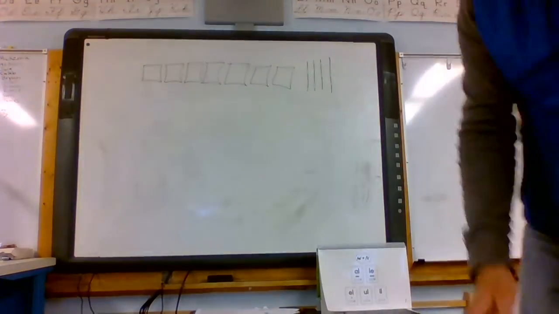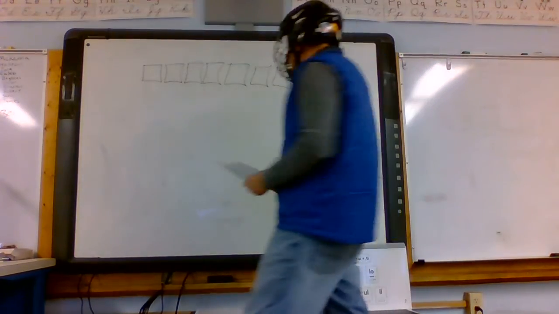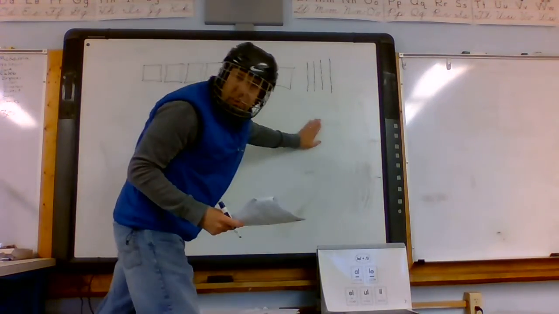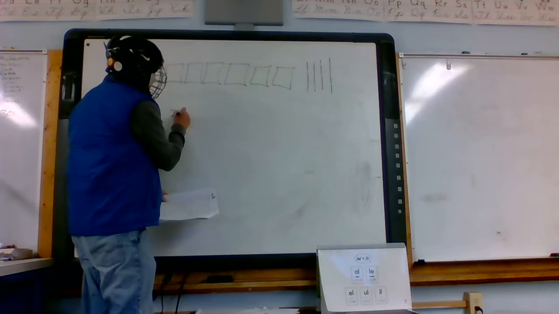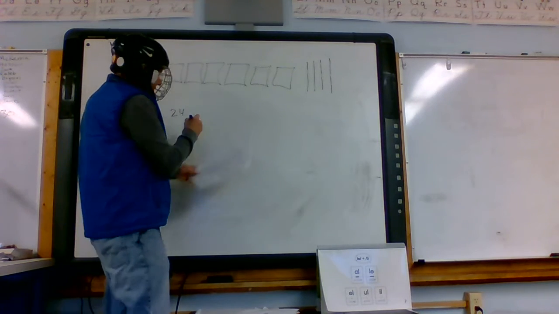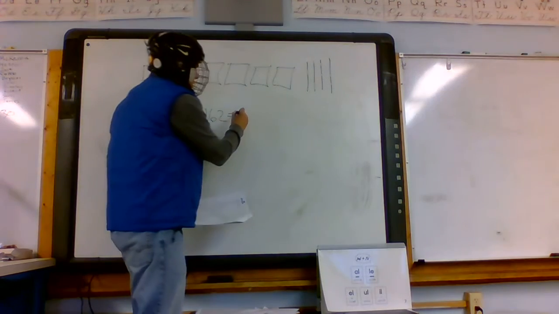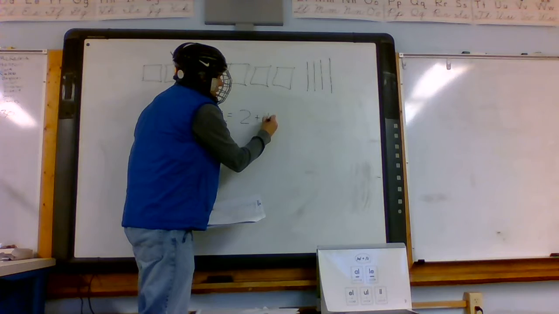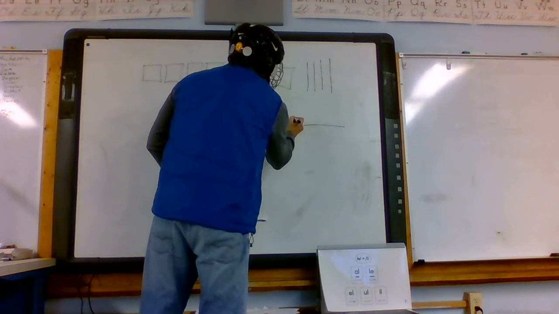This is number 24. This is how you do these, so you better be paying attention. It says 462 equals 2 plus 400 plus something.